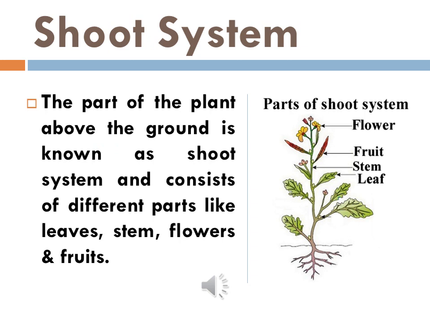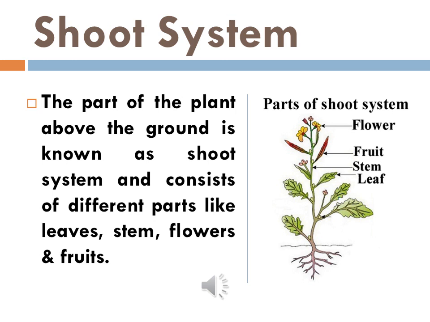Now let's talk about the shoot system. The part of the plant above the ground is known as the shoot system. It is visible to us as it is present above the ground, and it consists of different parts like leaves, stem, flowers and fruits.